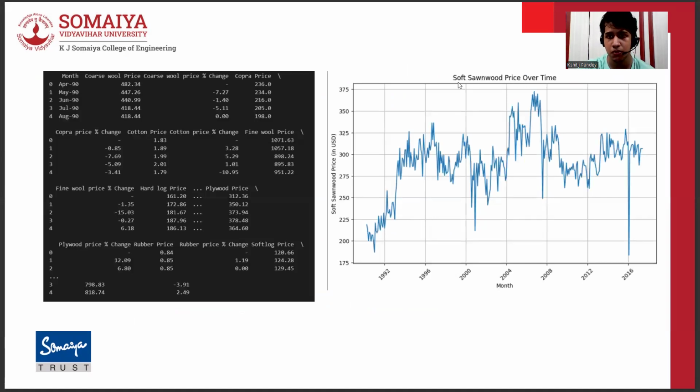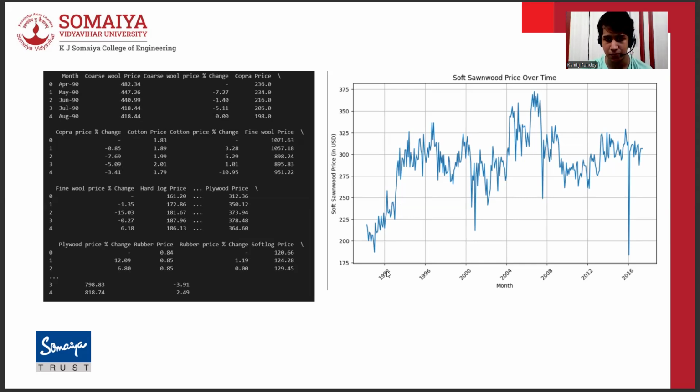So we have the price of a crop. The farmers can use this analysis to understand how much the price of a crop has increased or decreased over time, and the percentage change in the price of cotton or softwood or whatever it is.